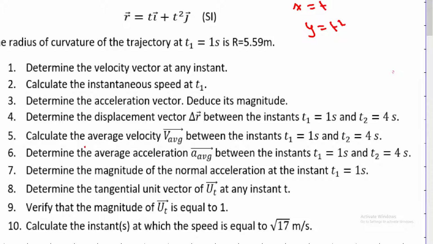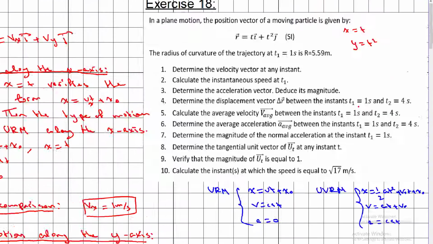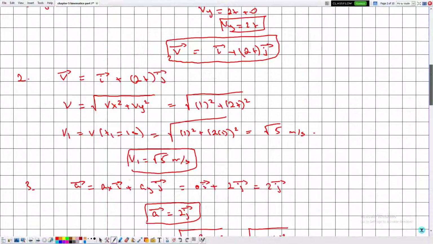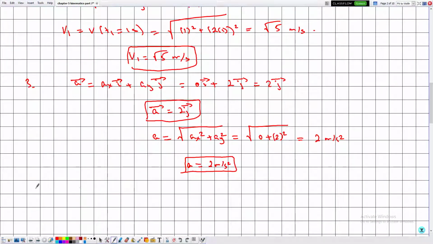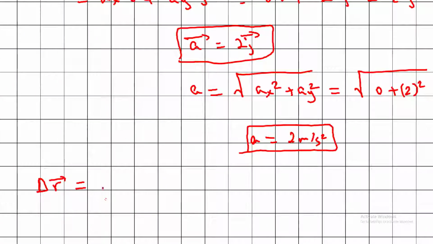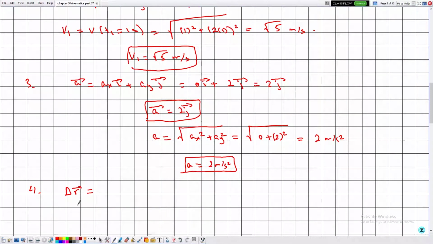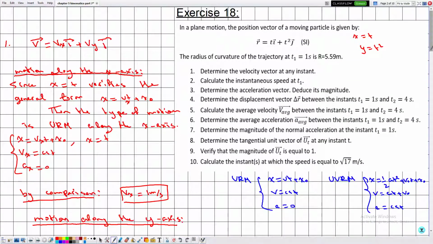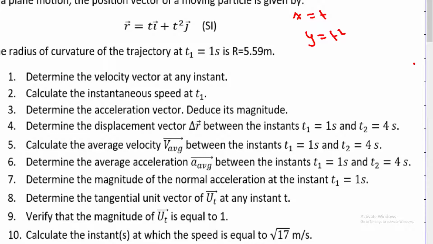Now in part 4, they are telling me to determine the displacement vector delta r between the instants t1 and t2. So we are interested in determining the displacement vector delta r computed between the two instants t2 and t1. So it's given by r final minus r initial. Let's determine which of these are the initial instant and the final instant.